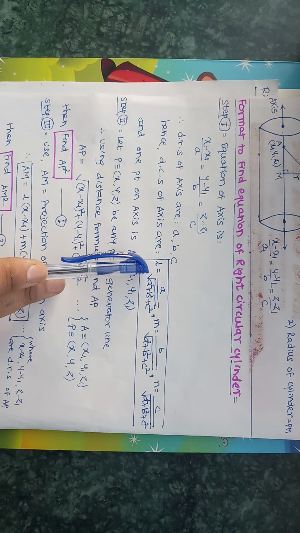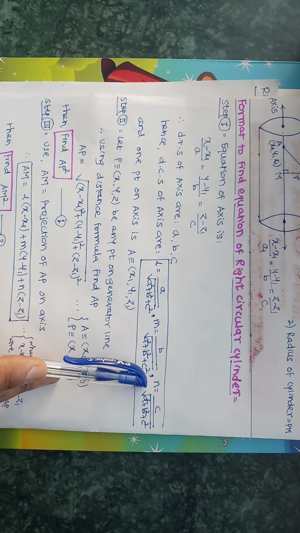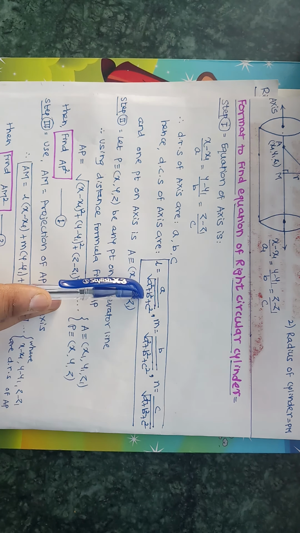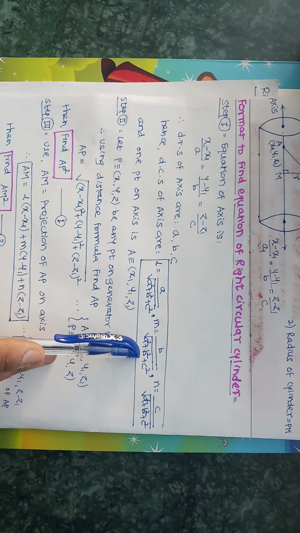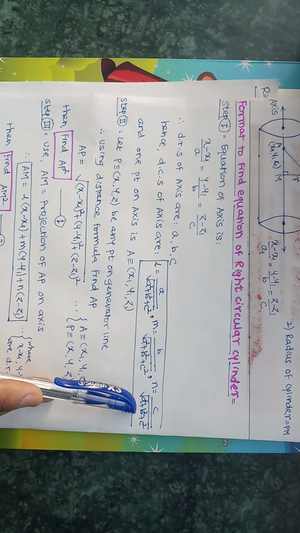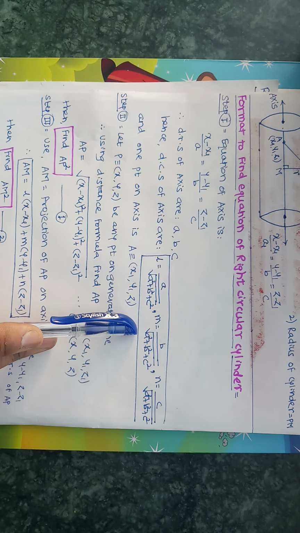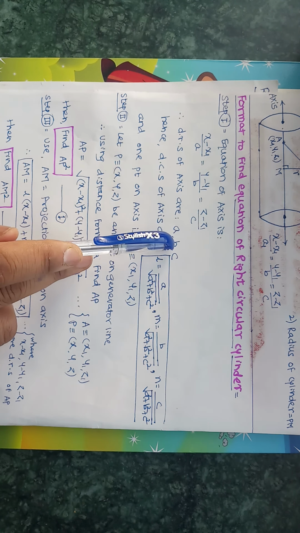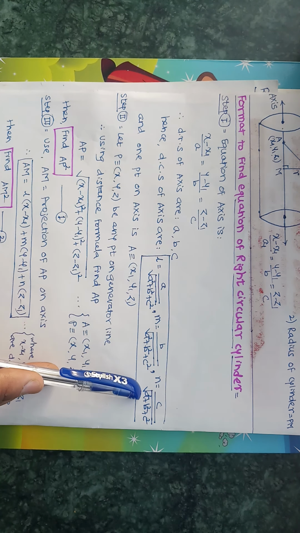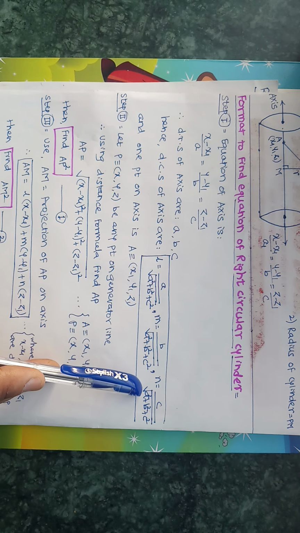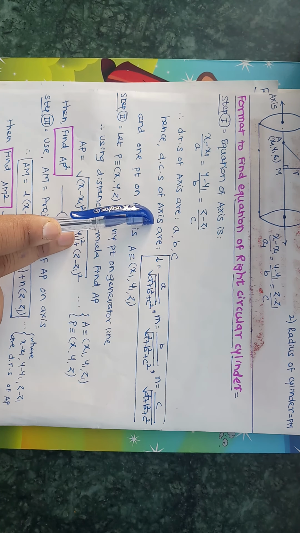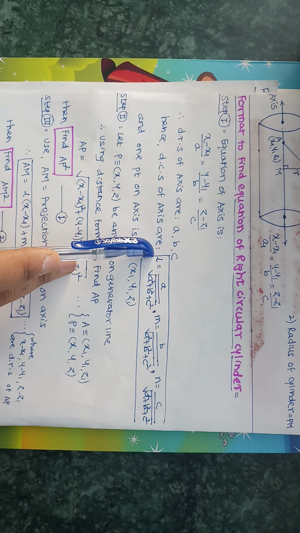And the values of all these L, M, N have a common denominator, root of A square plus B square plus C square. So you have to take the square root of A square plus B square plus C square. By using this formula, you can directly find DCs of axis by using DRs, right?